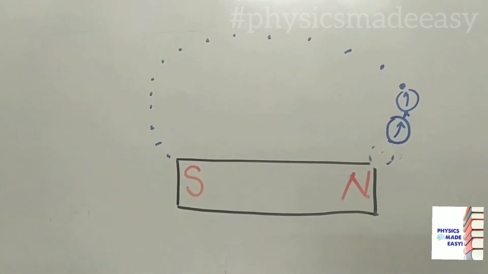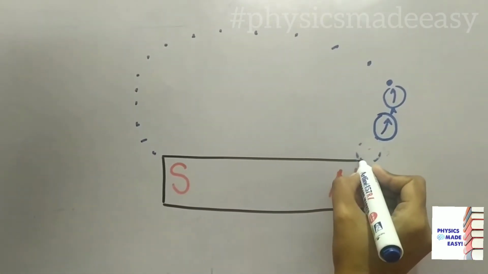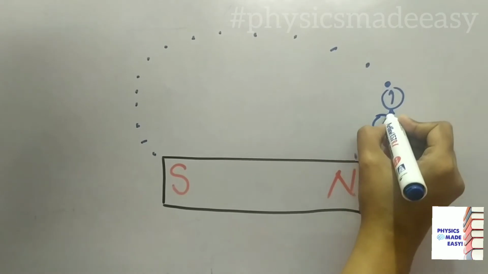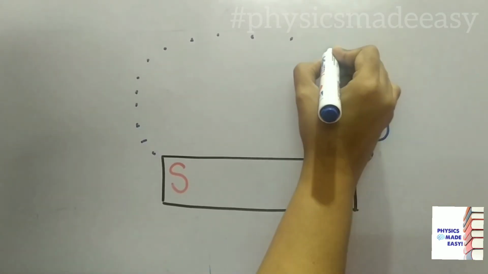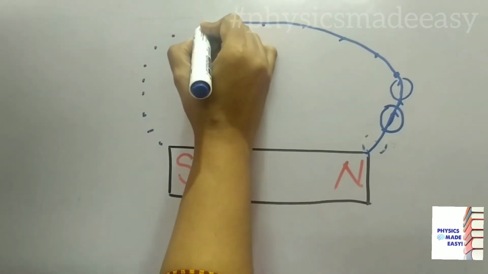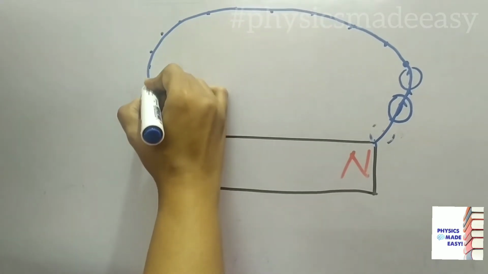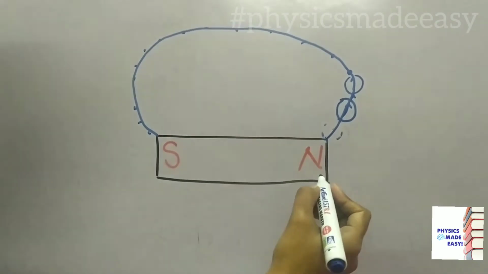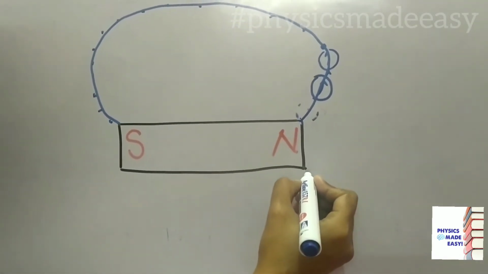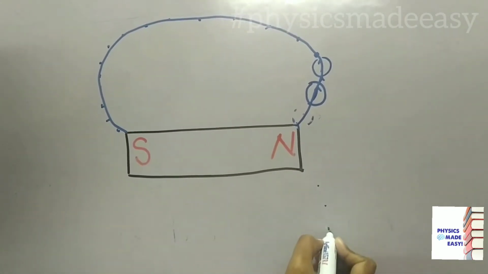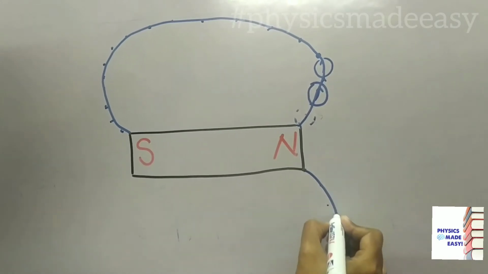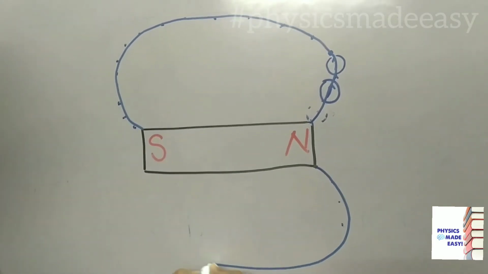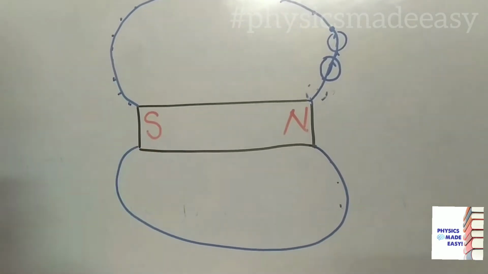Then for getting the magnetic field line, you have to join all these points. Then you can get a curve like this. If you place the compass here and draw, you can get points like this too, and if you join them you get that magnetic field line.